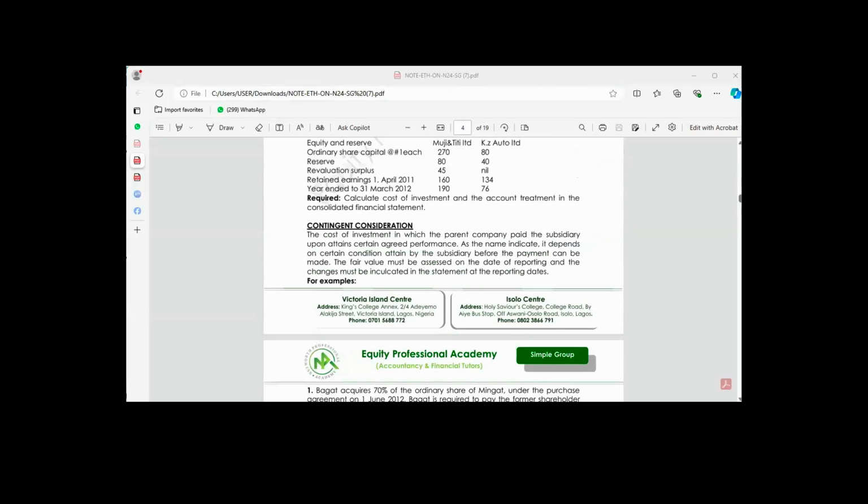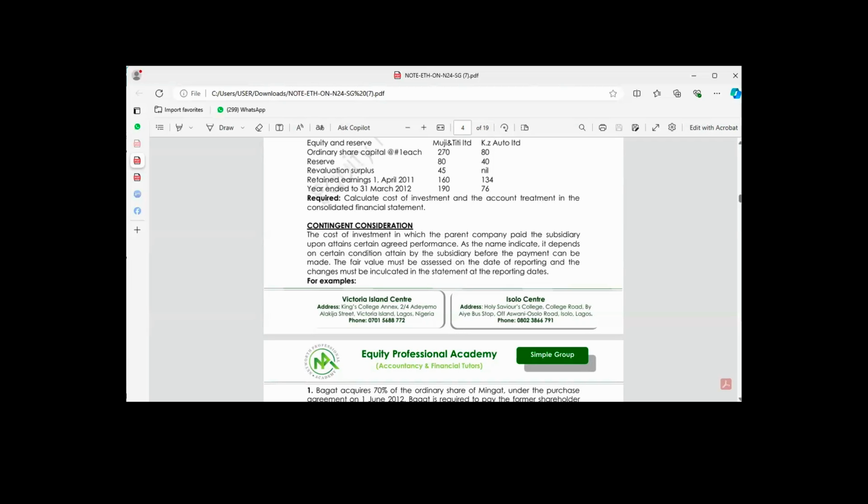The cost of investment in which the parent company pays the subsidiary upon attaining certain agreed performance. That is what is called contingent. How do I know it's a contingent in exam? Three things must be there.